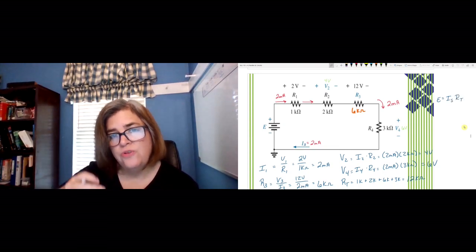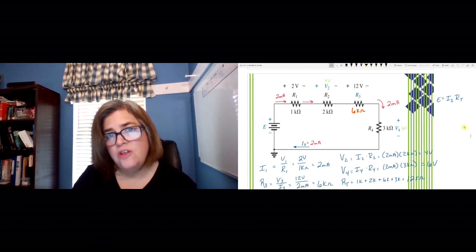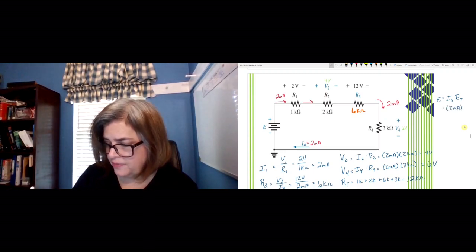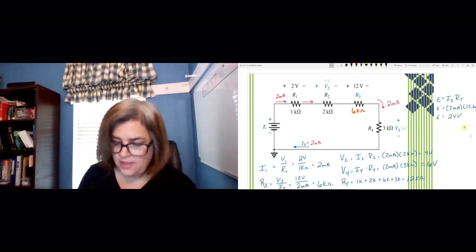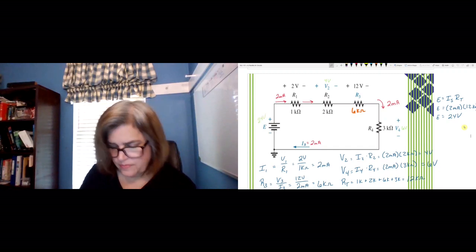Your voltage source has got to be the product of the source current throughout the circuit times the resistance of the circuit. That's just Ohm's law. So we've got 2 milliamps of current throughout the circuit and 12 kilo ohms of resistance. So that means we must have about 24 volts at the source.